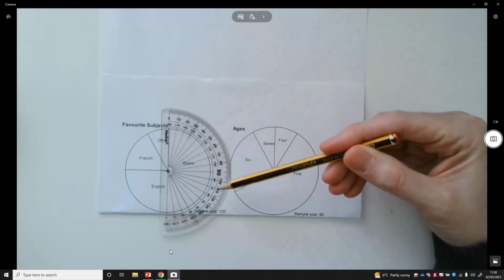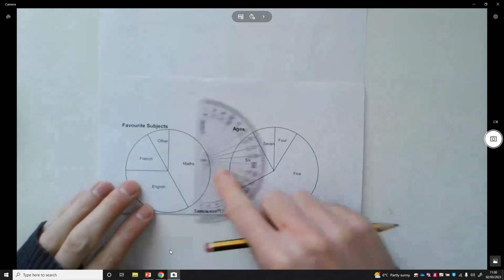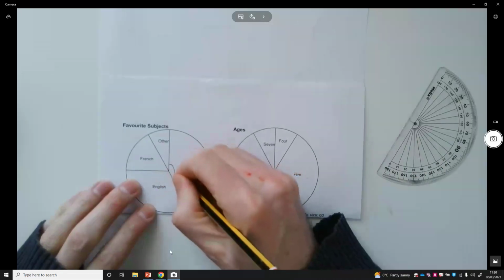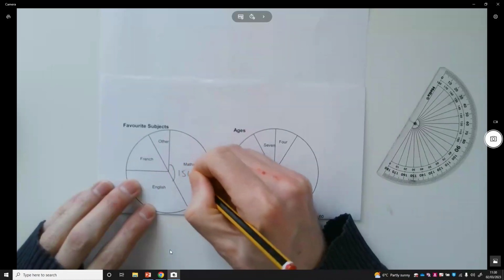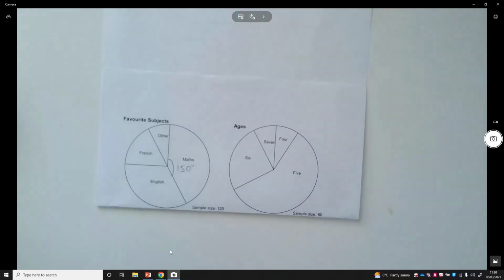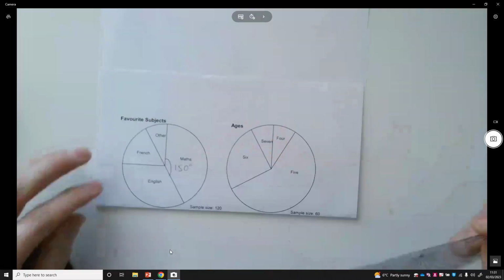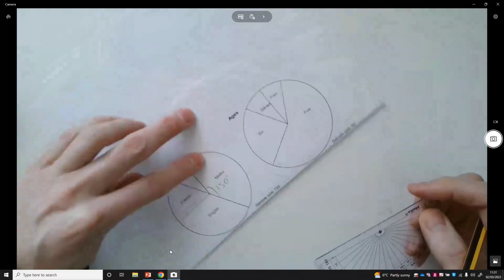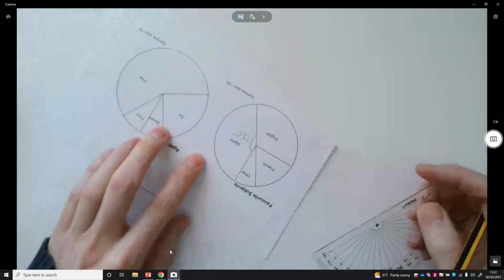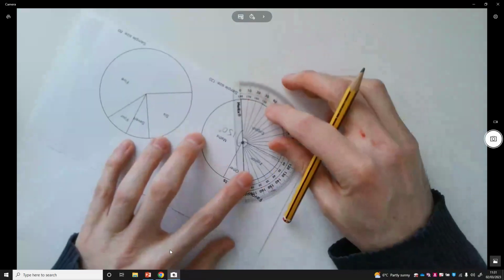Follow it around and you see that this sector is 150 degrees. Maths is 150 degrees. To measure the English sector, you could turn the protractor upside down, but it's maybe easier, like last video, to rotate the pie chart so you've got a nice vertical start line, and measure again.